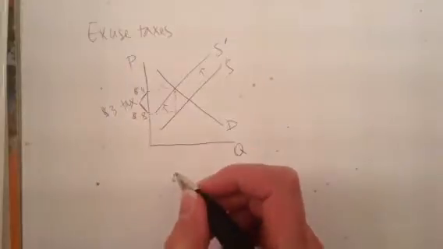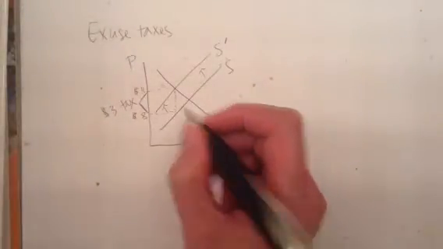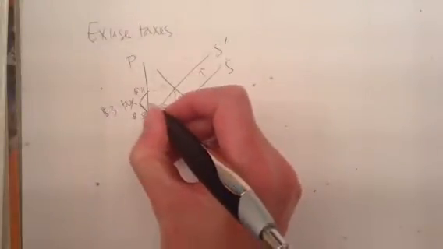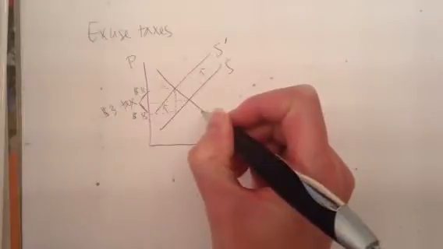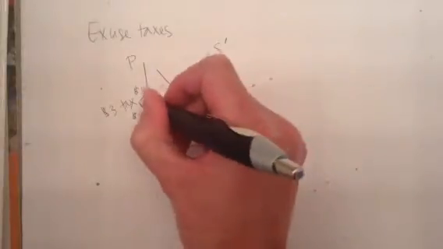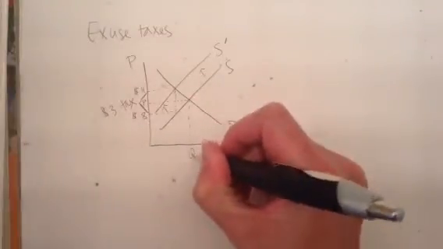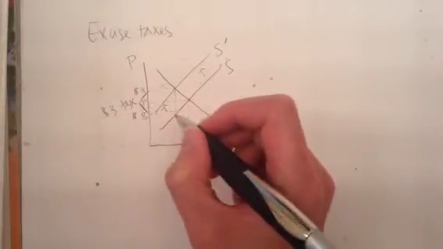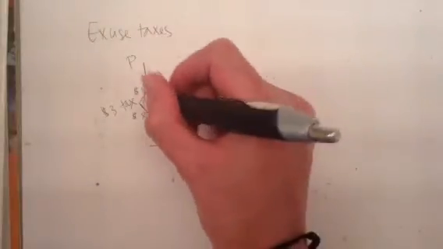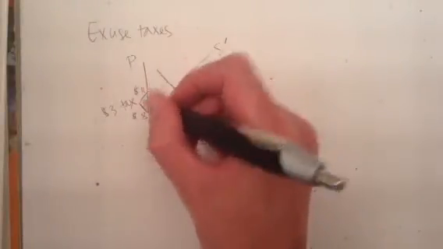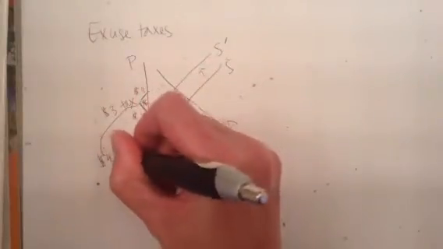Okay? So in terms of figuring out the tax incidence, basically you look at where the old price was, the original price before the tax. The quantity is down here, okay? This was the original price, and let's say that the original price was $9.50, and I'm just going to draw an arrow in there because I ran out of room.